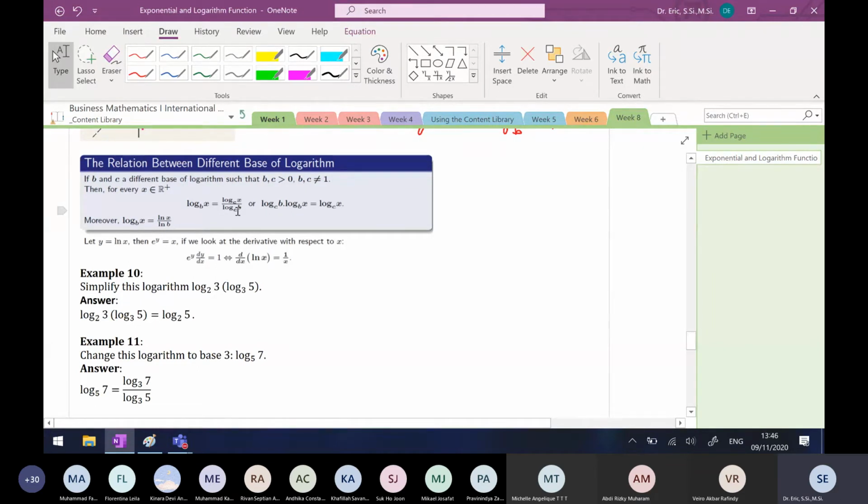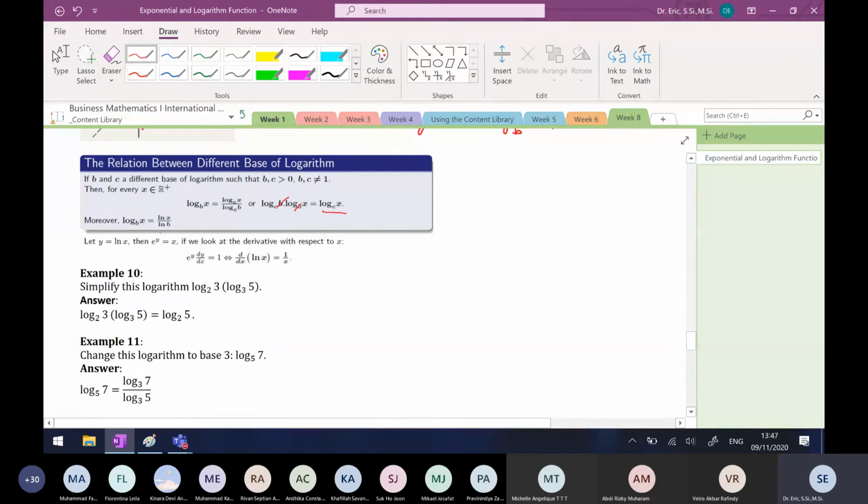In high school, usually you have this times this equals log x to the base c. So log b with base c times log x with base b equals log x with base c. It cancels out, so you have log x with base c.